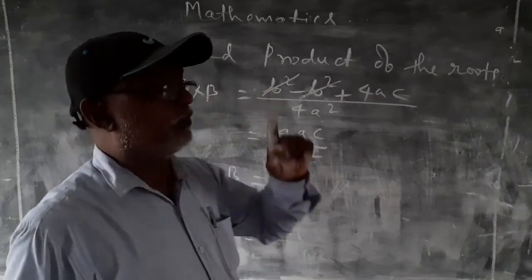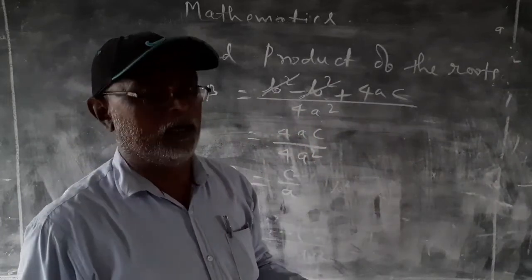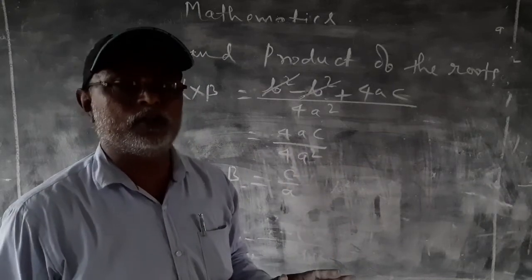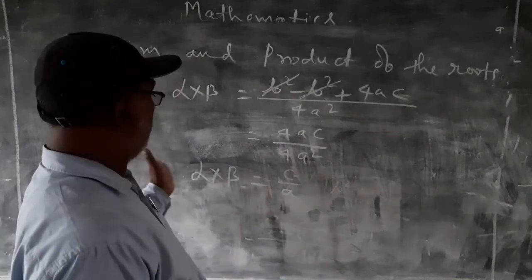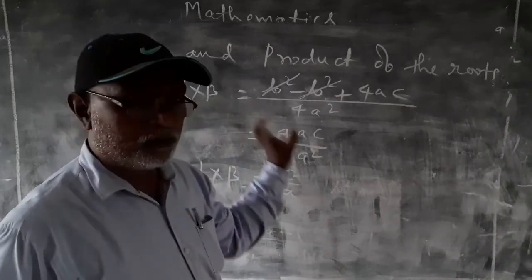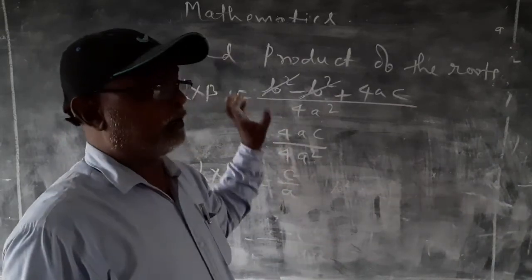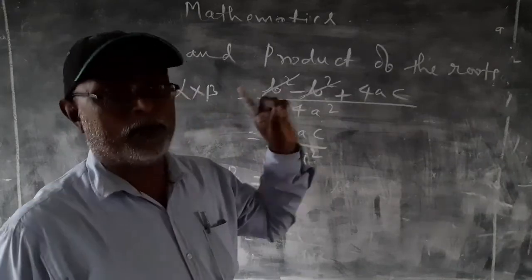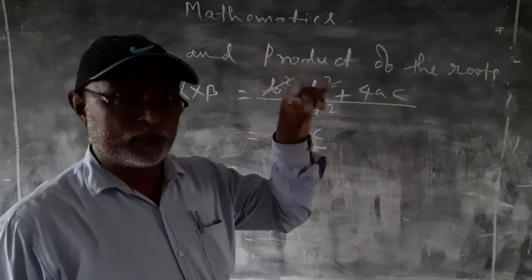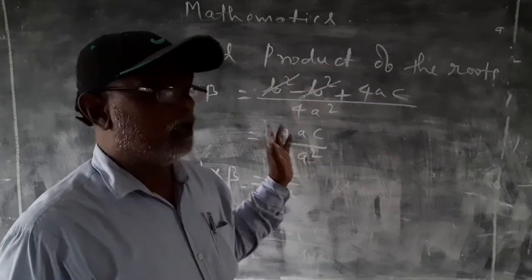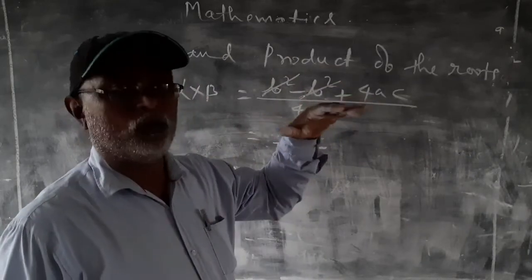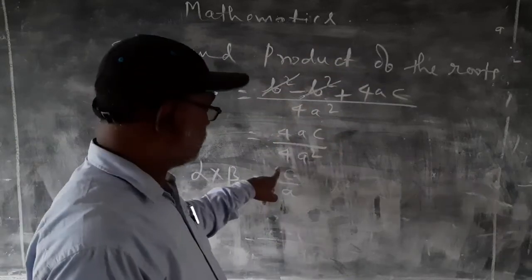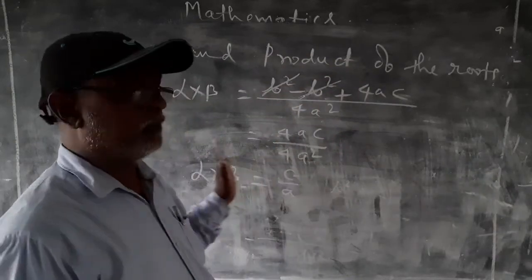When you have to obtain the zeros of a quadratic polynomial and verify the relationship between zeros and coefficients, you obtain the sum of zeros and product of zeros, and check whether the sum of zeros equals minus b by a, that is minus coefficient of x by coefficient of x square, and the product of zeros equals the constant term by coefficient of x square. C is the constant term and the coefficient of x square is the same.